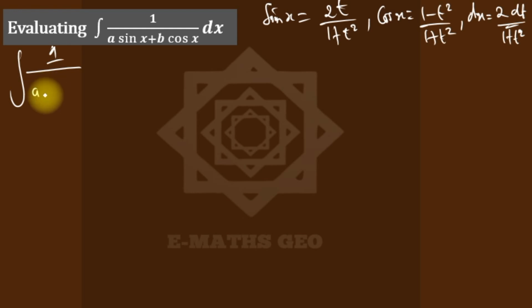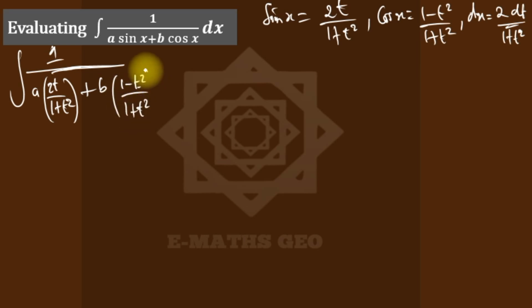a sin x is now 2t over 1 plus t squared, plus b times 1 minus t squared over 1 plus t squared, and dx is now 2 dt over 1 plus t squared. So this is equal to the integral.